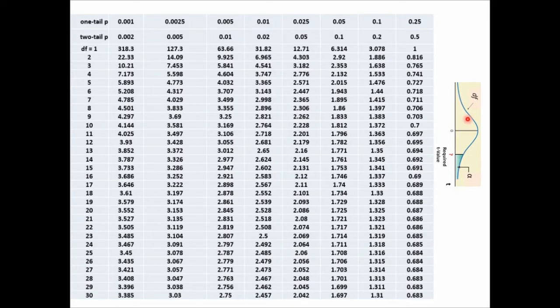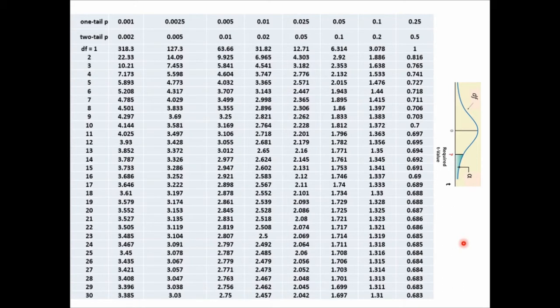This table here has all the values, and as we will find out later on, the t distribution is very effective up to a degree of freedom of about 30. Remember, 30 was the threshold of sample size. A sample of 30 or more was considered a large sample. A sample of less than 30 was considered a small sample.